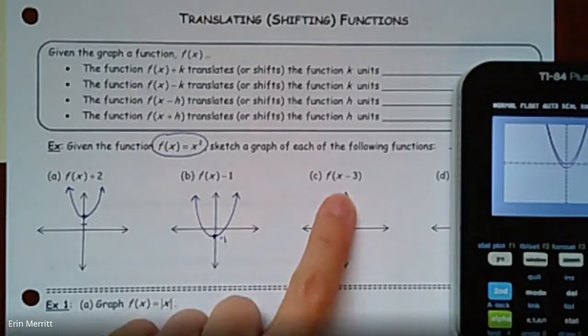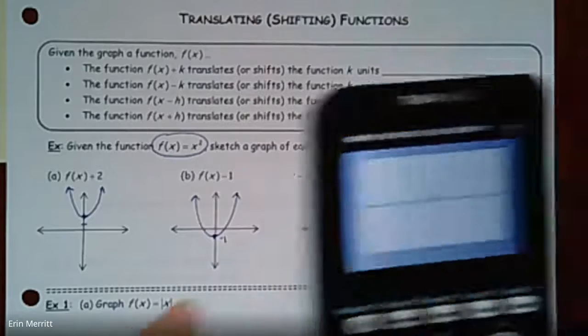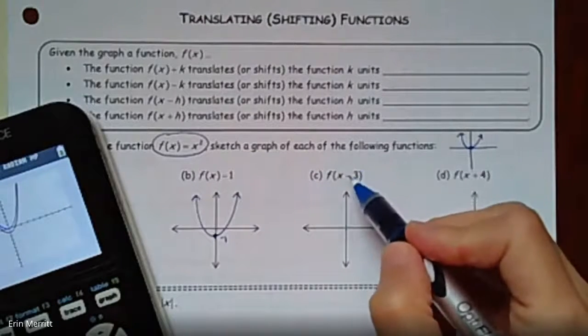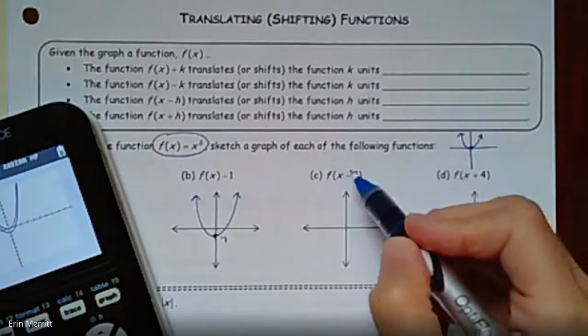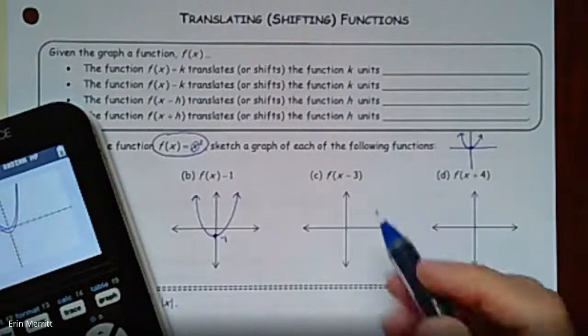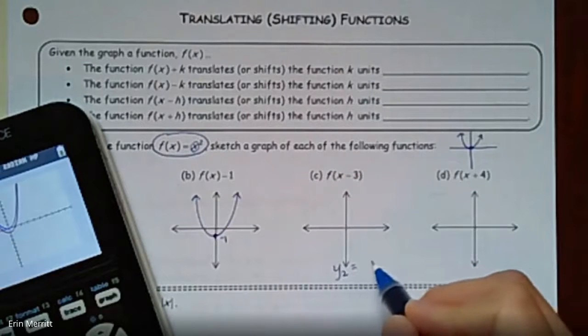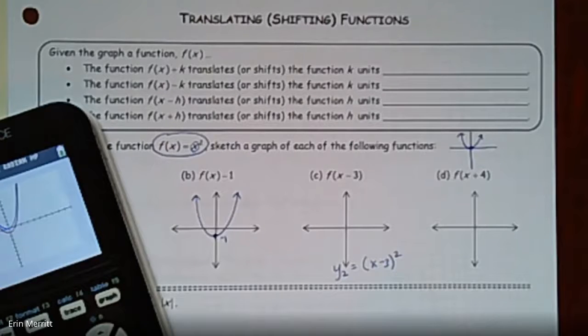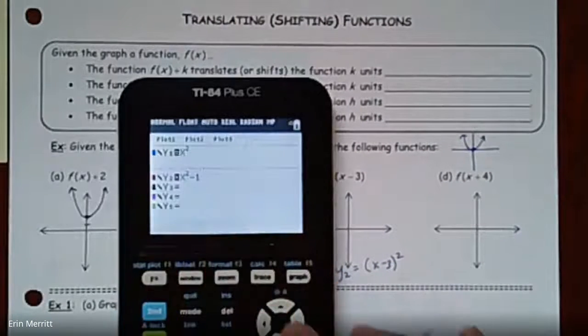All right, as for these ones, in case you're wondering how am I supposed to do this? Think about what we did in the prior unit. If you were doing f of 5, you'd put a 5 in for this. So if I'm going to do f of x minus 3, I need to plug in an x minus 3 right here. So into the calculator, you're going to put in the quantity x minus 3 squared like that. So let's plug that guy in.